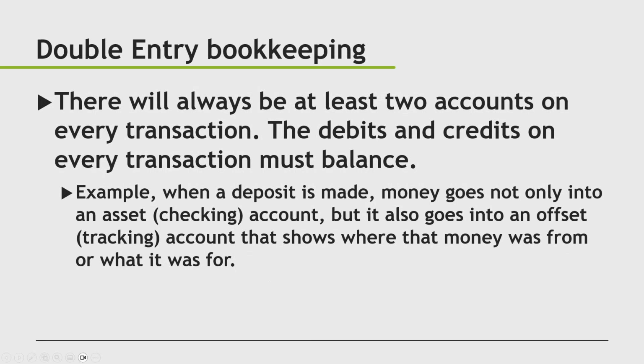When a deposit is made, money goes not only into an asset, let's say your checking account, but also into an offset account or tracking account that shows where the money is from or what it was for. I like to think of it like this: where is the money going, and how did the money get there?